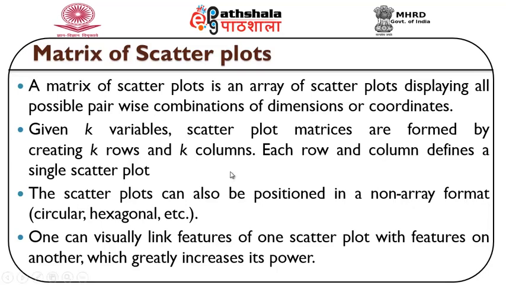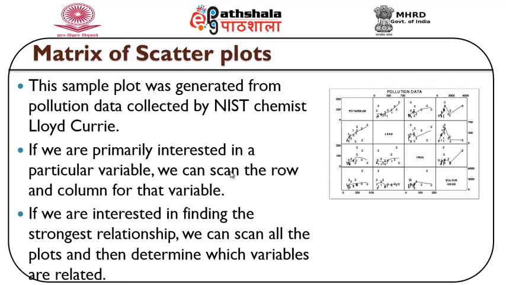The scatter plots can also be positioned in a non-array format, maybe in a circular or hexagonal format. One can visually link the features of one scatter plot with the features of another scatter plot, which greatly increases its power. An example of a matrix of scatter plots is shown here.